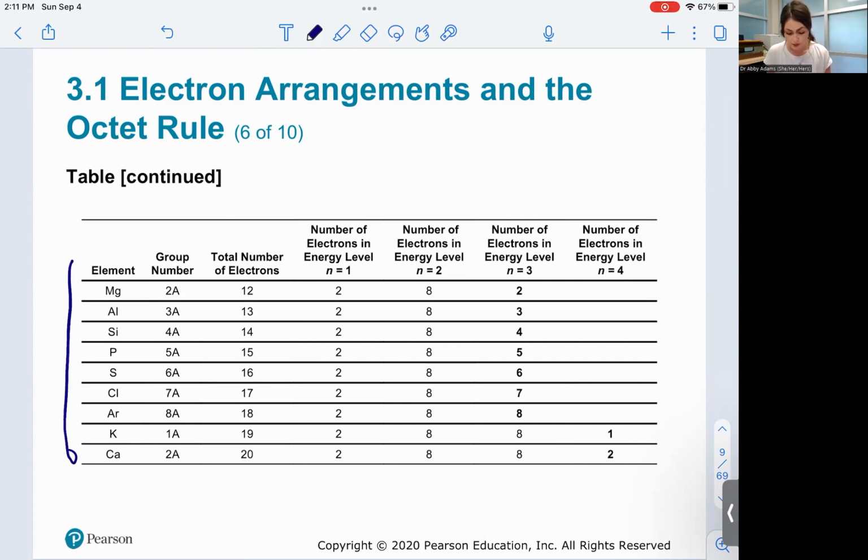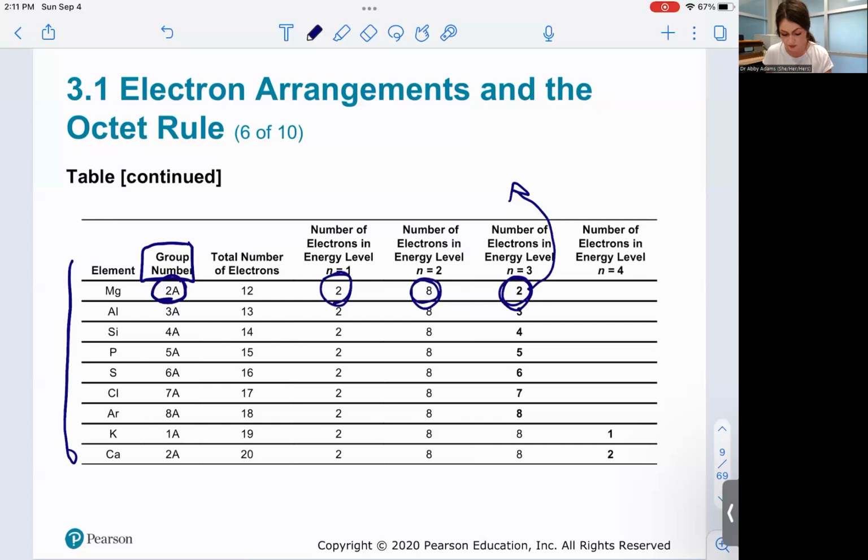All right, so something that is interesting that the group number tells you, it tells you the number of electrons that you're going to have in each energy level. But the group number itself is going to tell you exactly the number of electrons in that highest energy level on the staircase, right?